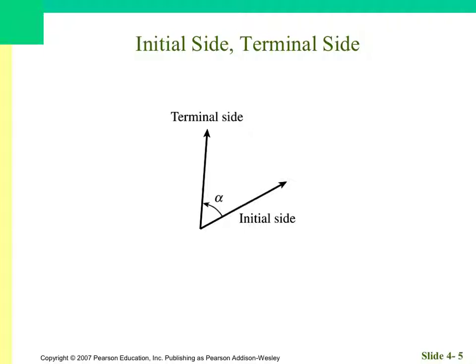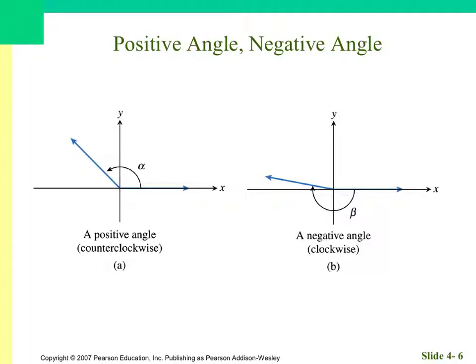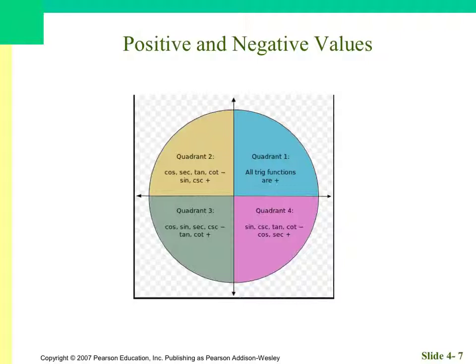When we start talking about the unit circle, the initial side is at 0 degrees, right here. Then positive direction, negative direction, okay? Positive angle, negative angle.